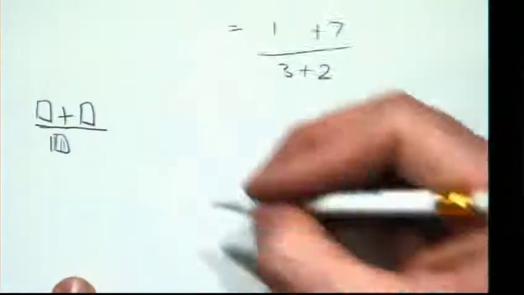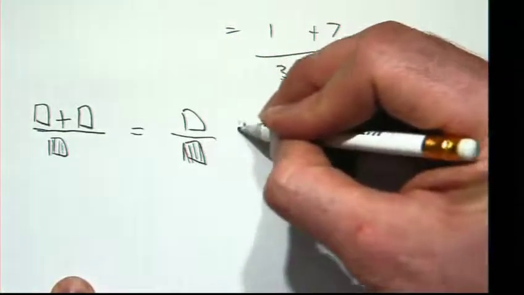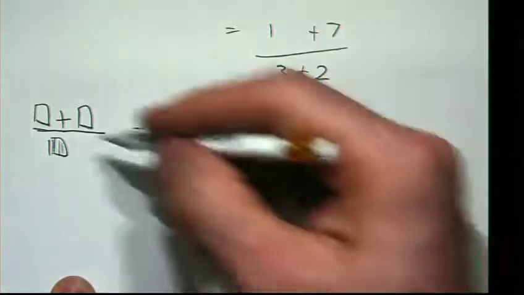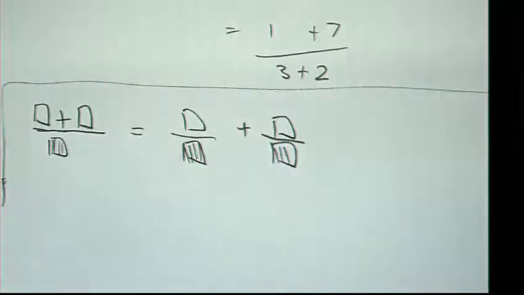Something like that is the same as something like this. So basically the denominators of fractions can be cloned and spread out, copied across your pluses and your minuses as well.